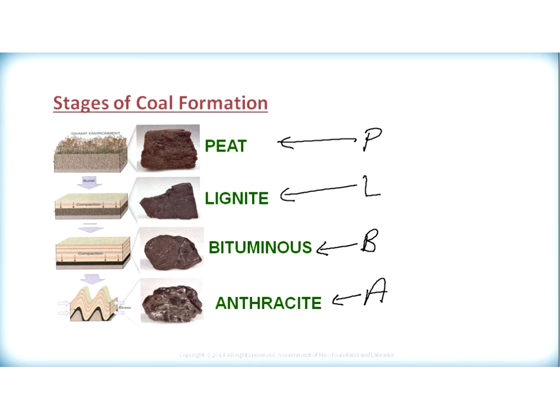So all we need to do is memorize the 4 letters P, L, B, A. And that will give you a hint on how the different stages in the formation of coal are organized.